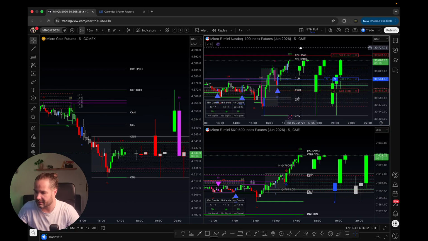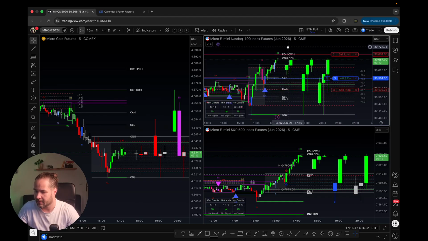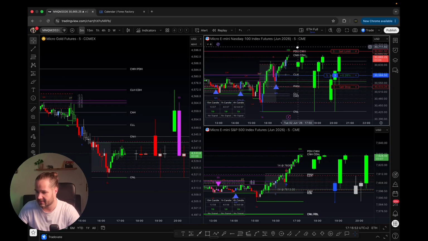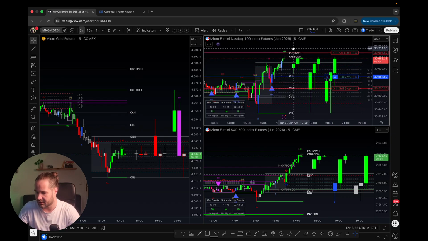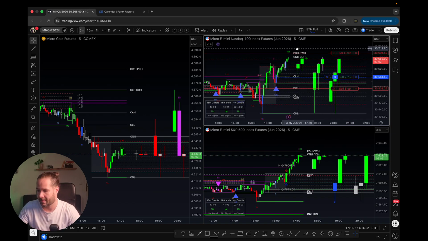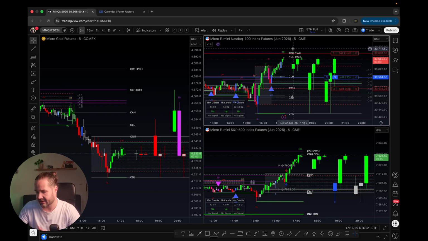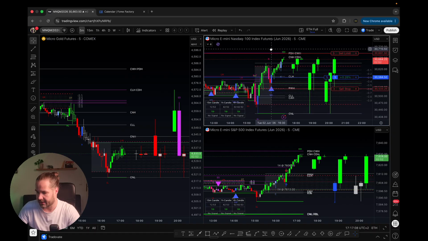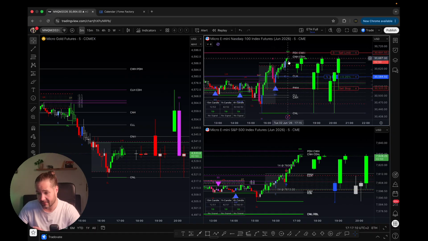Around 15 minutes left for me. It would be great if we can hit my target within this 15 minutes, honestly. Then I can just move away from the charts. Otherwise, I need to come back at the end of the US session, check where we stay, and then close this position manually. Or we are even diving lower and hit my stop loss, but then it is how it is.